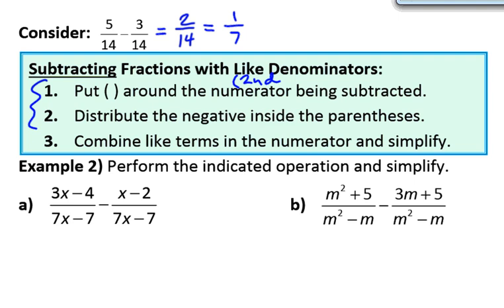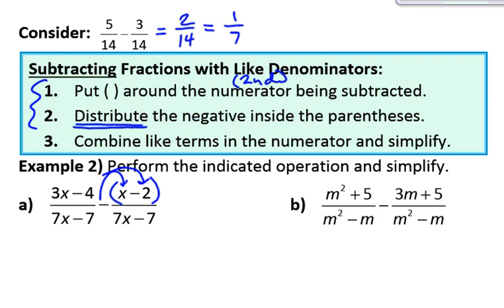Okay, so looking at example A, you see you have this first fraction minus the second fraction. So what I would do is put parentheses around the numerator of the second fraction. Then you're going to distribute the negative inside those parentheses. So this negative right here is going to distribute to each of those terms.